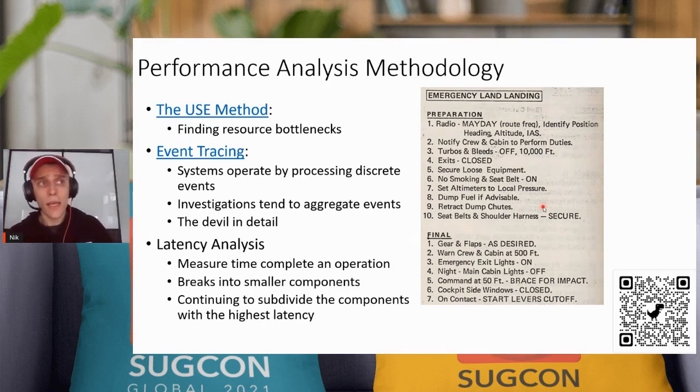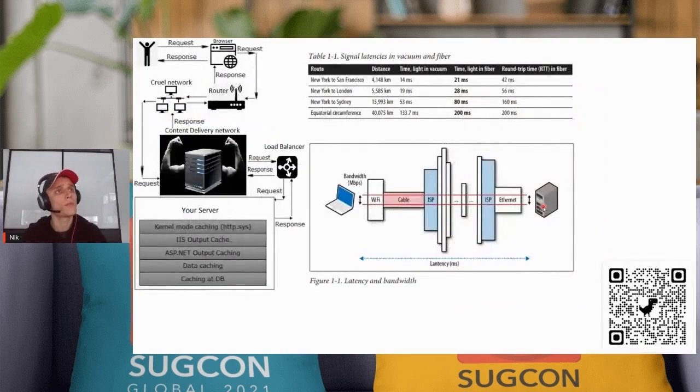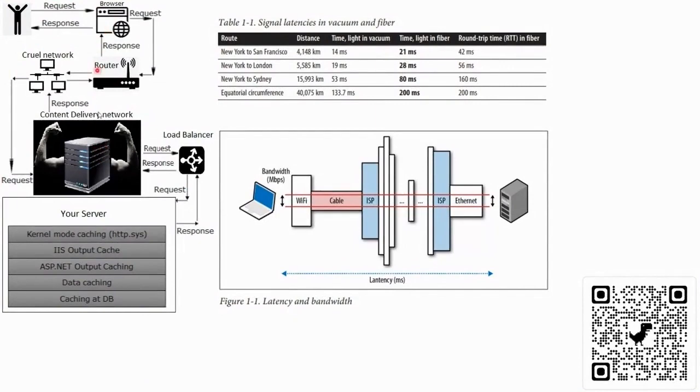And the next one is latency analysis. We have a slow operation with an overall time, and we'd like to understand where that's coming from. Here is the user request response, browser request, router, network, delivery. So a lot of layers are in here, right?